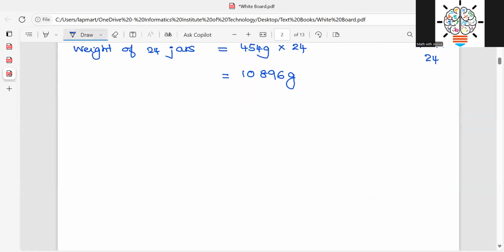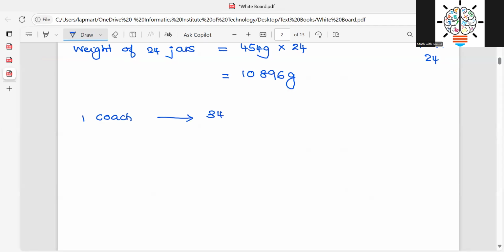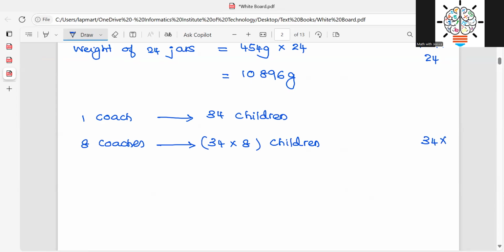So here you can write down the sentence. We have different ways to interpret this. You can write one coach, 34 students or 34 children. Then we can write 8 coaches. So 34 you multiply by 8, and this number of children will be there, right? So you go to the working column and do the arithmetic part. 272.